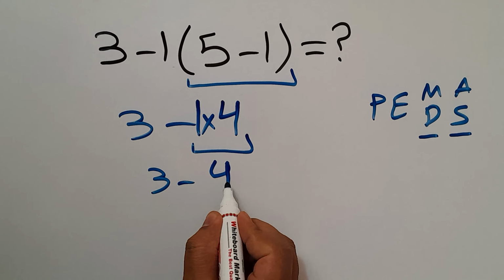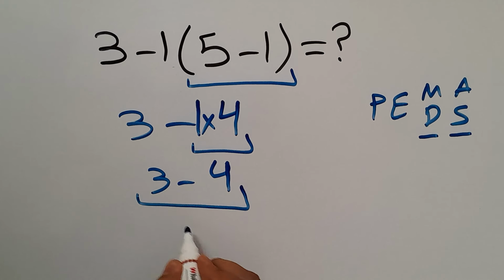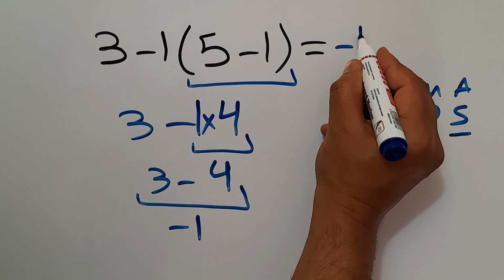And 3 minus 4 equals negative 1. So therefore, our final answer to this problem is just negative 1. The correct answer is negative 1.